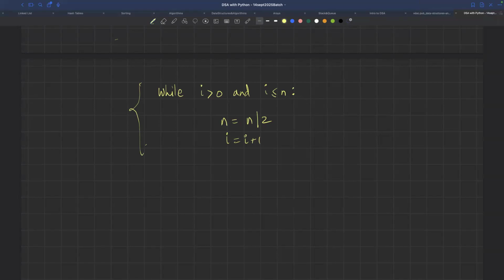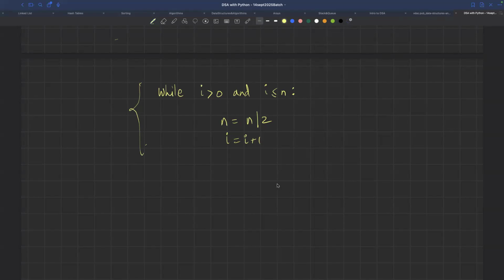The moment we do n by 2, the while loop is reduced to half of whatever the original number was. Very good. And then we are increasing I. That means we are now going to the next bracket we have chosen of n. Then in the next while loop, again n is getting divided by 2, which is again like reducing the bracket of start and end element.